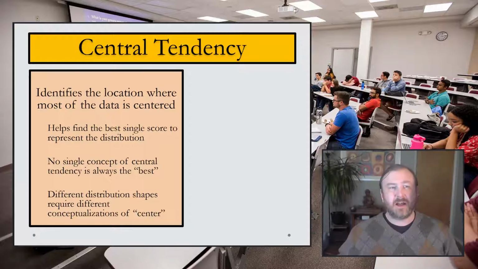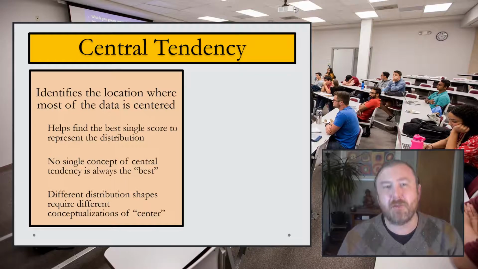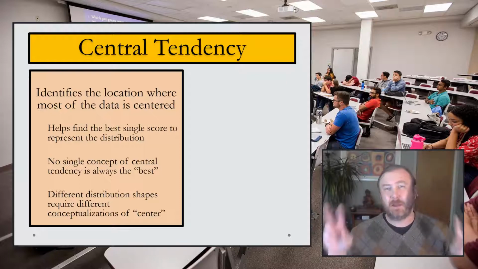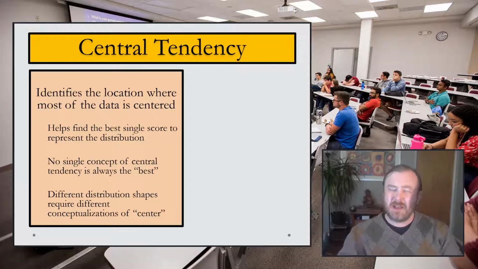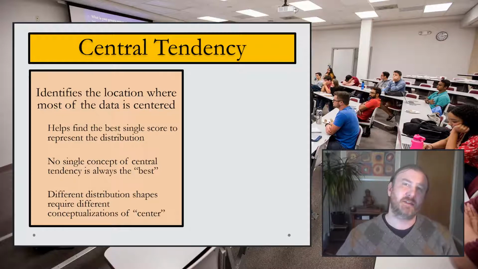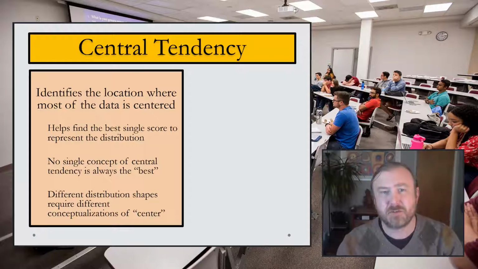So the goal is to try to find the single best score to represent the distribution. Now, there are three primary measures of central tendency: the mean, the median, and the mode. And there isn't one that's necessarily best, so to say. It really depends on the type of data that you're presented with and the shape of the distribution of the data that's going to determine which is the most appropriate measure of central tendency.